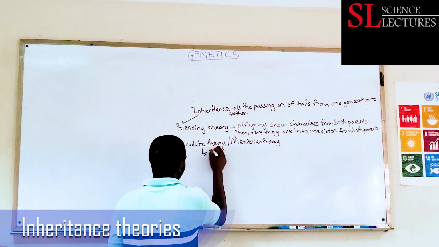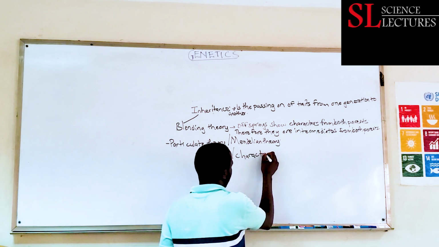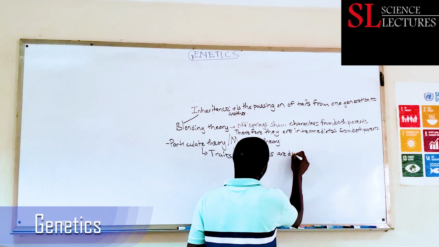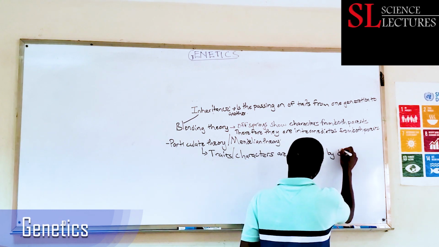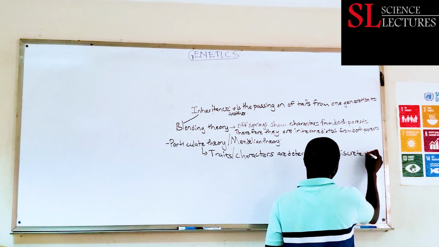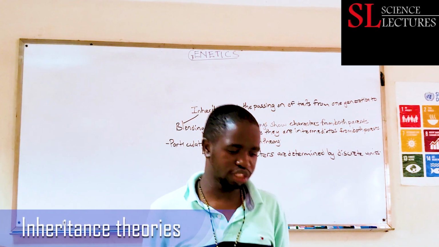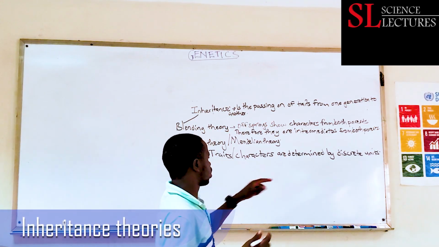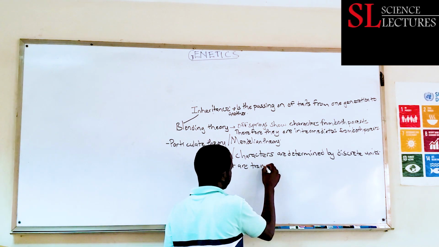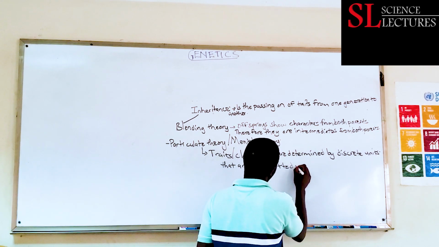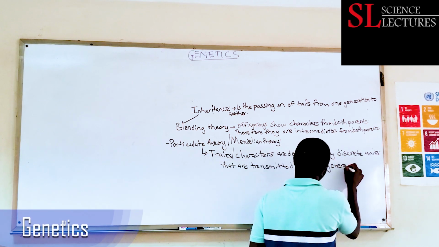For him, traits, or what he called characters, are determined by secret units that are transmitted from one generation to another.